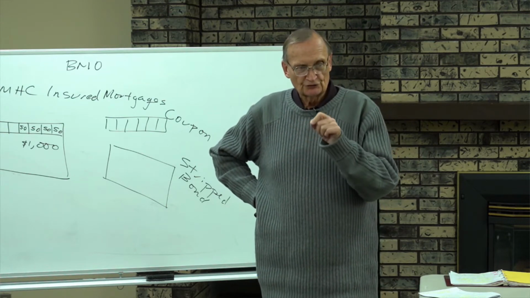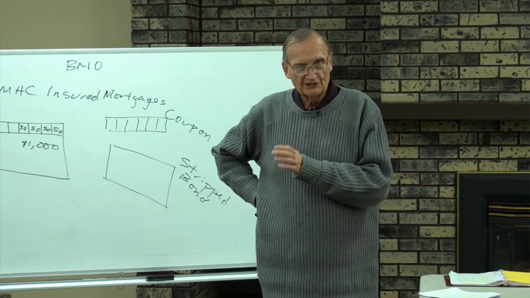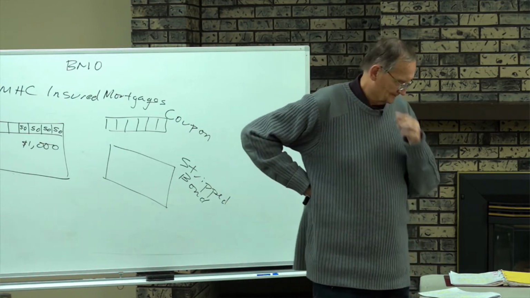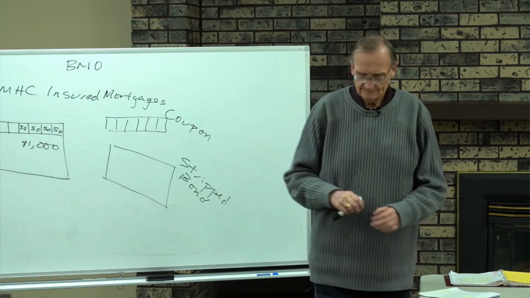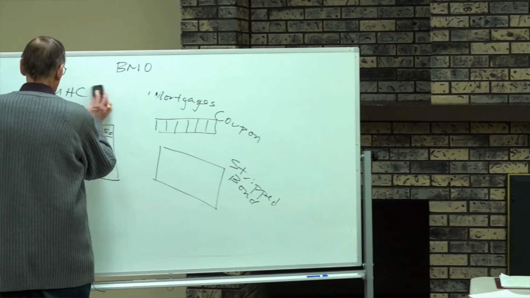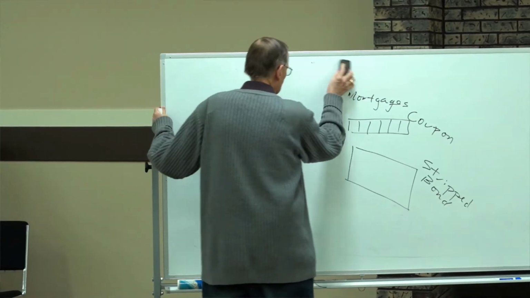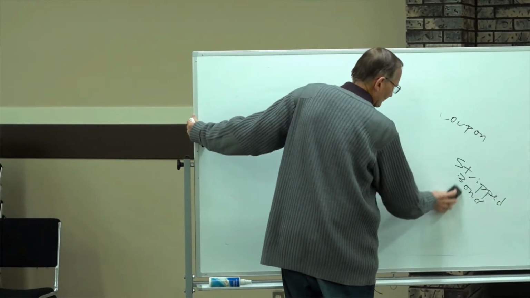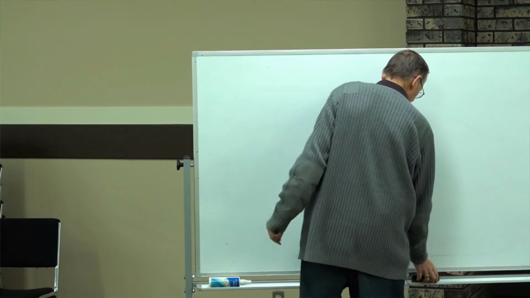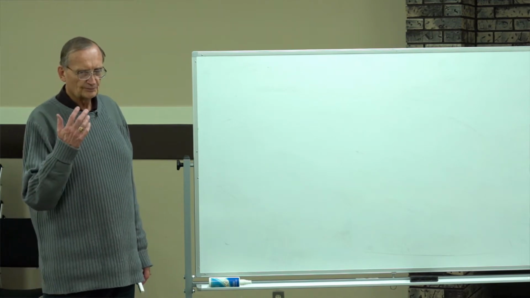It gives you a return that is above the inflation rate, by changing the maturity value or the coupon payments. So let me explain that.